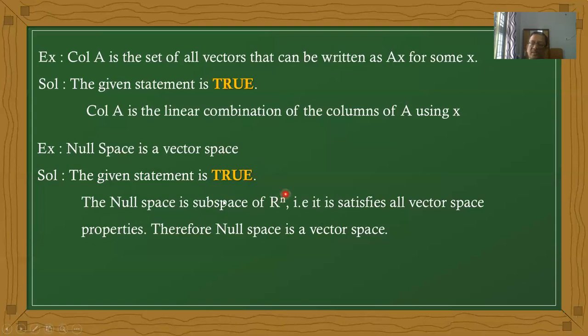Subspace means it satisfies each and every property of vector spaces. Therefore, null space is a vector space. Why? Because it is a subspace, and subspace means satisfying all vector space properties. The given statement is true.